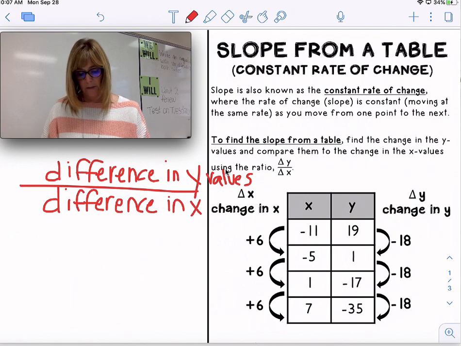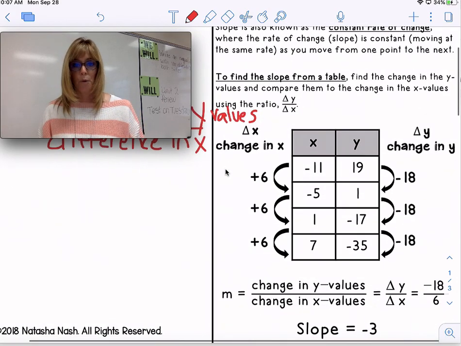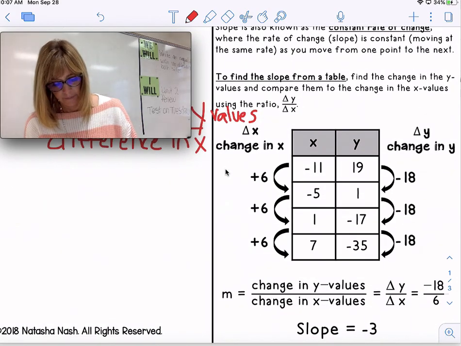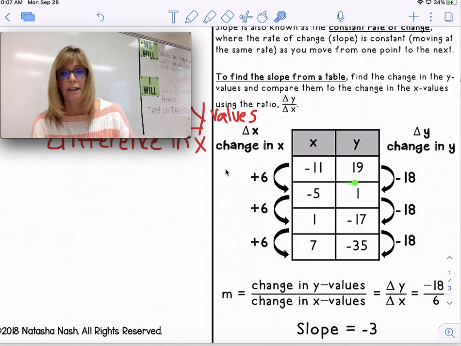Okay, so let's look at this first example. We have a table of points, and our first point is negative 11, 19, then it goes to negative 5, 1, then 1, negative 17, and then 7, negative 35. If you look at the change in the y, we went from 19 to 1, so that is decreasing 18, or subtracting 18. 1 to negative 17 is also down 18.